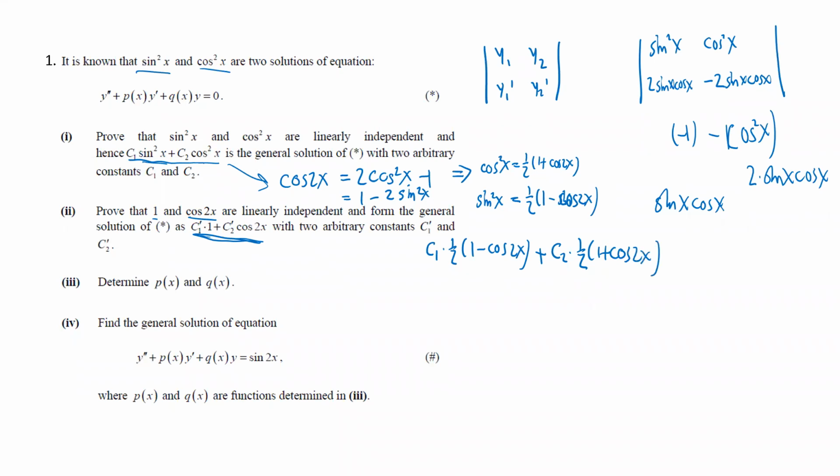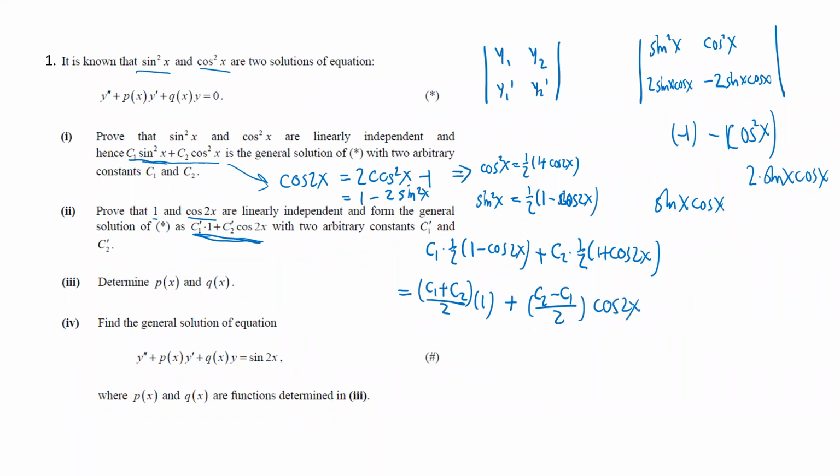And now you can try to group the terms. You see that it is equal to (C1 plus C2) divided by 2 times 1, plus (C2 minus C1) divided by 2 times cosine 2x.